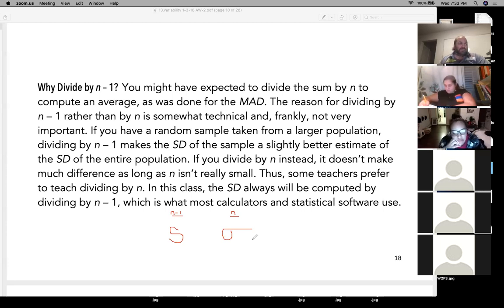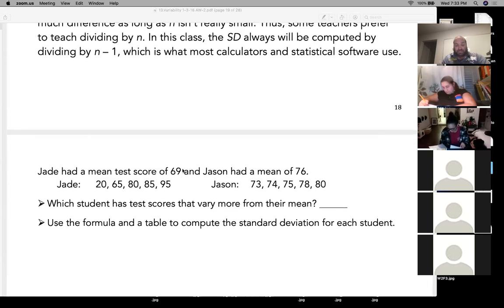Okay, so your calculators do both, S and sigma. But you should be using S for a sample. If it's the population, then it's okay to use the other one. But then n is big anyways, and it doesn't matter.